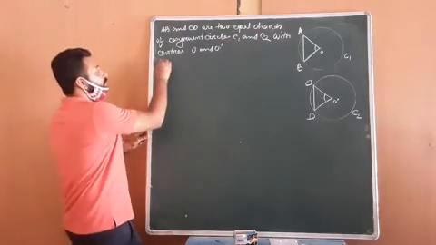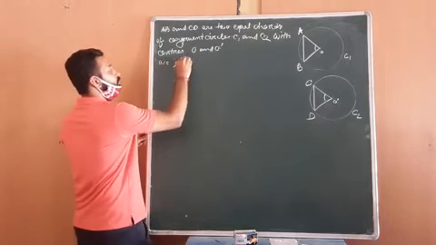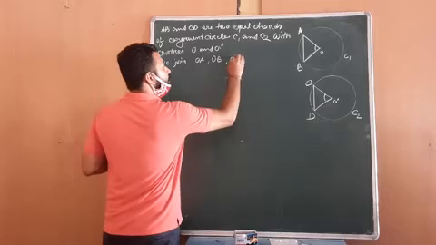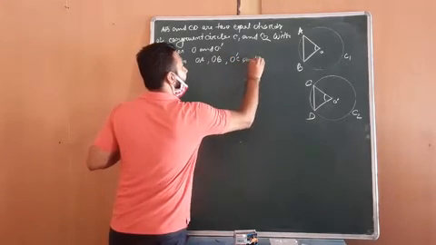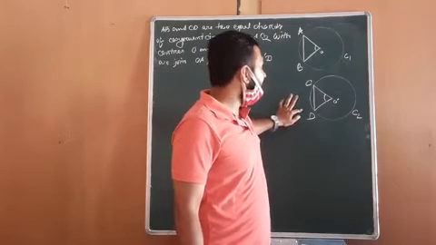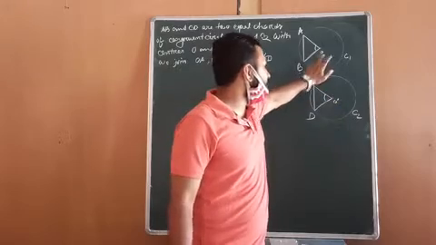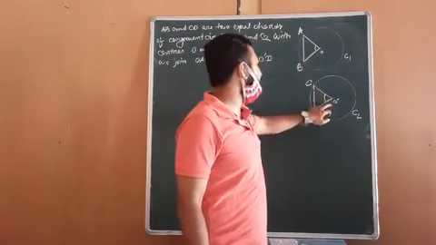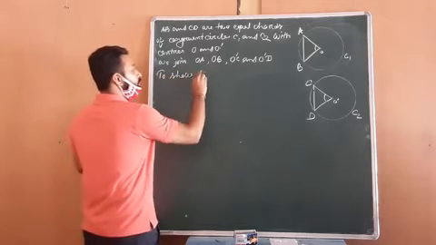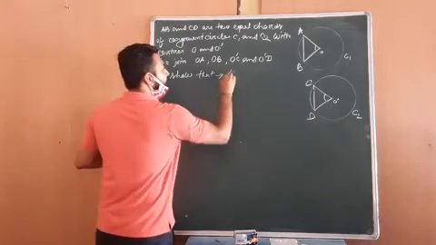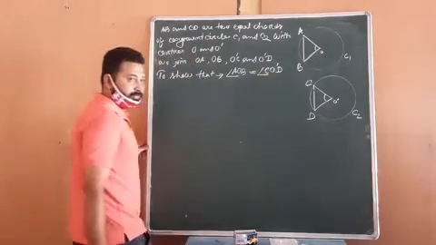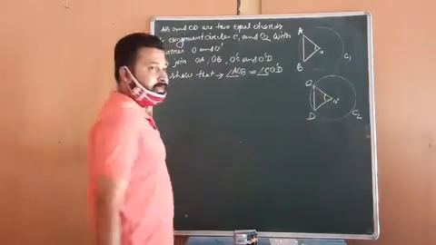We join OA, OB, O dash C and O dash D. To show that angle AOB is equal to angle CO dash D. That means this angle is equal to this angle.